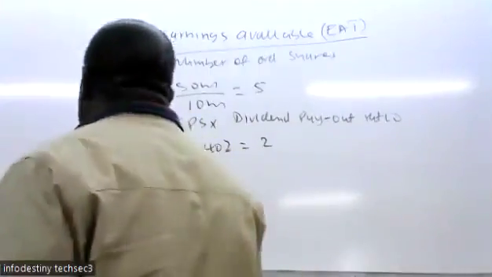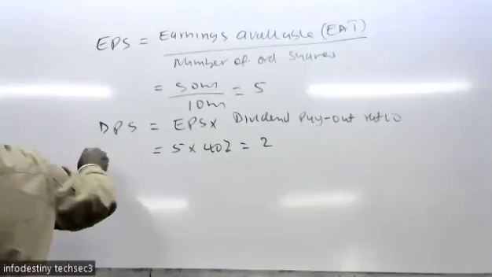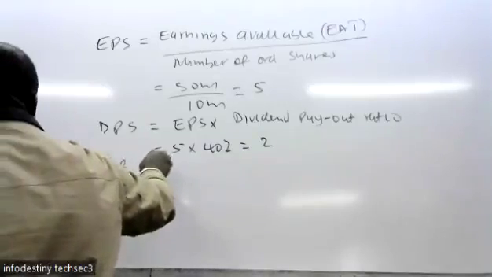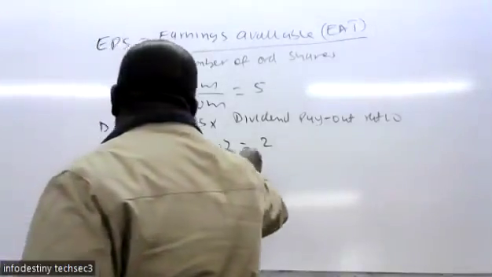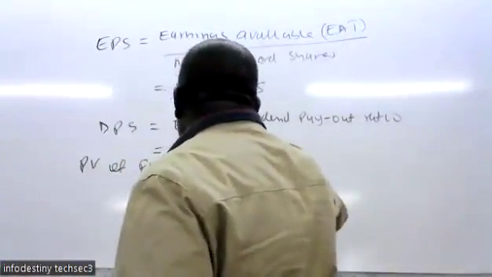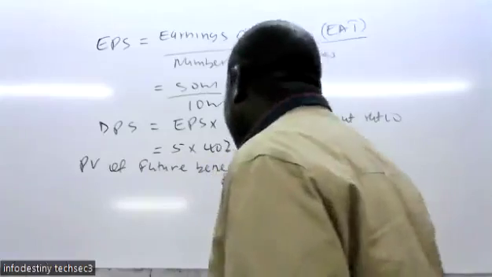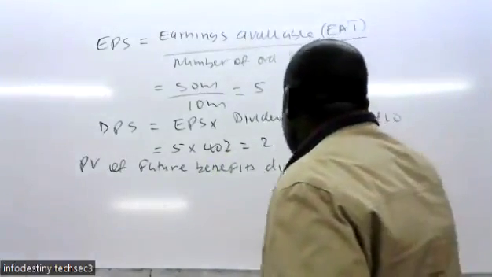So we start with the present value of the future benefits during the non-constant period.